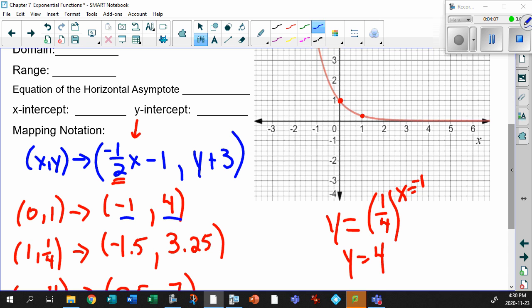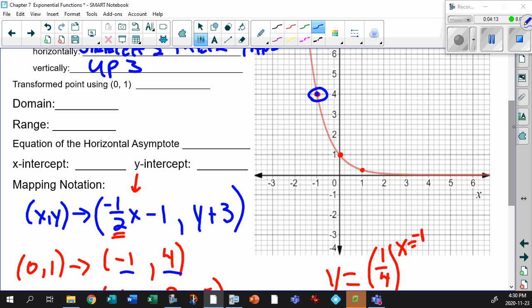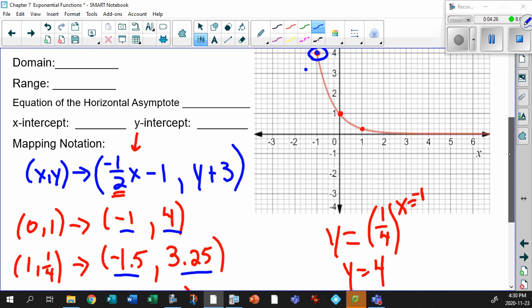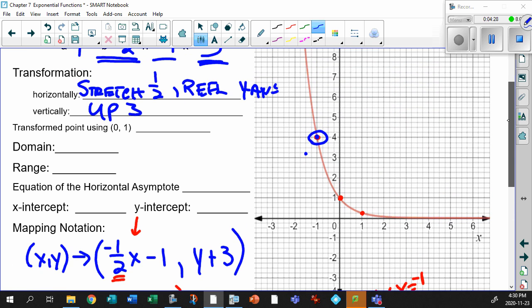Next point is going to be -1.5, 3.25. 3.25 looks like it's about there. Okay, there it is. And our third point is going to be -0.5, 7. So -0.5, 7 looks like it's going to be around there.